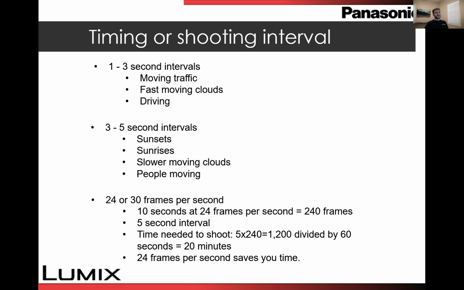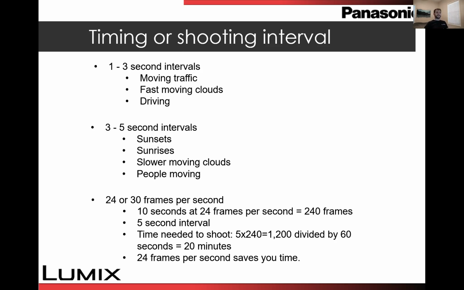But if you're doing something like a sunset or a sunrise, or it's a lazy afternoon and the clouds are moving slow, or you're photographing a city street and people are strolling through, that's when you can start picking longer intervals. The reason is that the opposite is true for this: you need more time between each of those frames to convey motion.